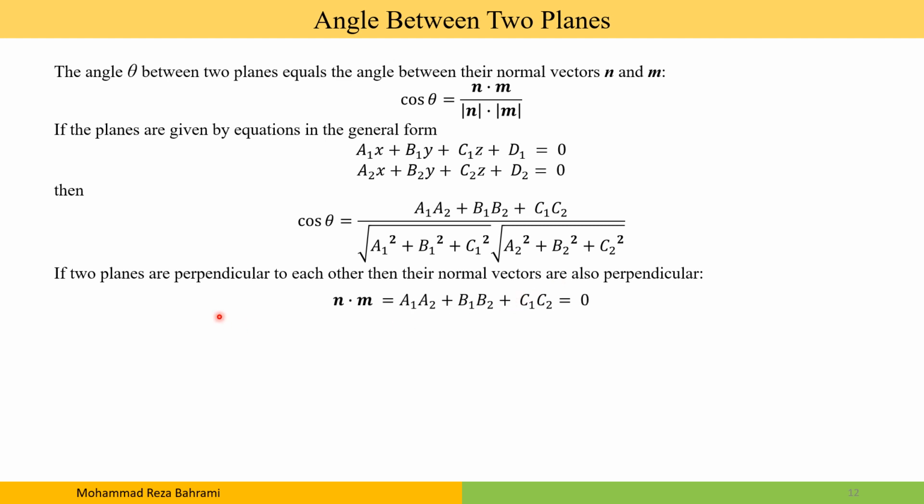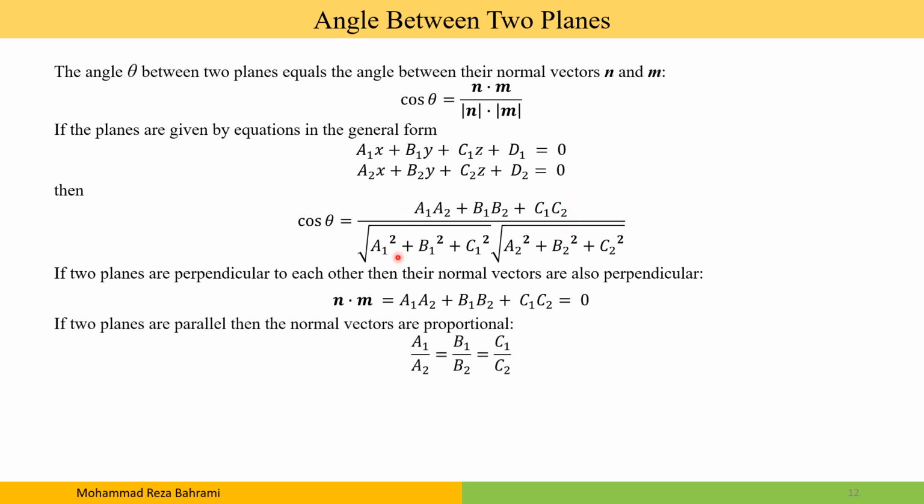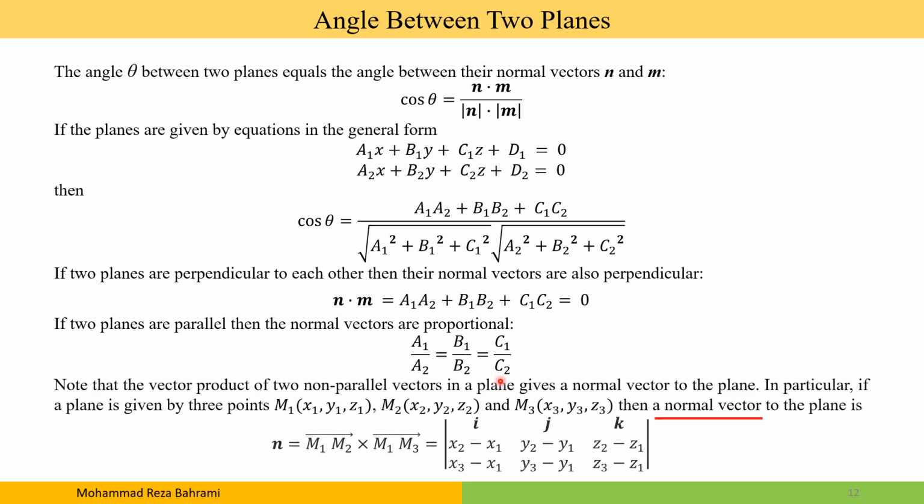If two planes are perpendicular to each other, which means that the dot product, the numerator, will be 0. And if they are parallel to each other, which means that the normal vectors n and m are proportional to each other. So note that the vector product of non-parallel vectors in a plane gives a normal vector to the plane. We know this from the vector product of two vectors.